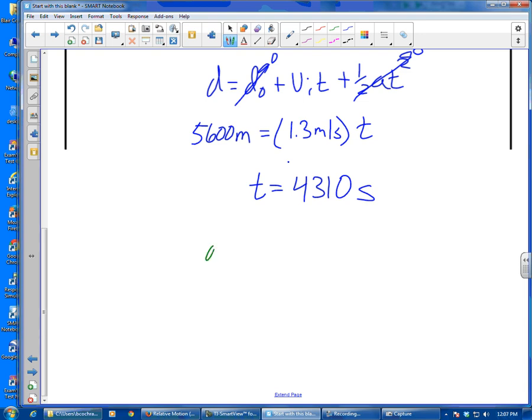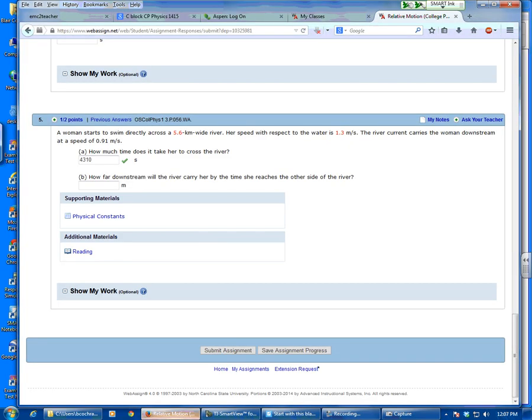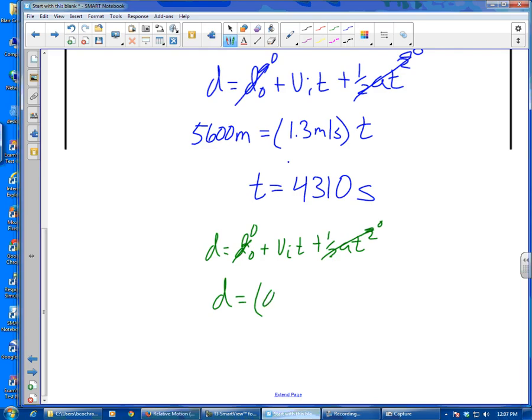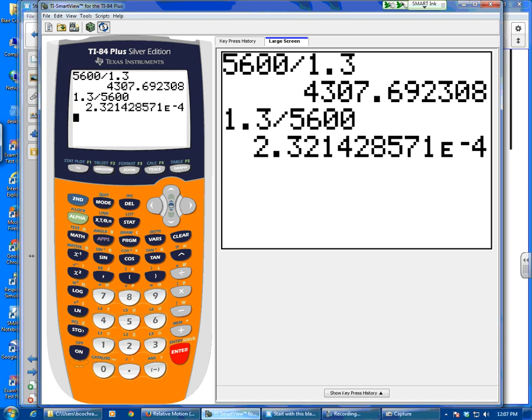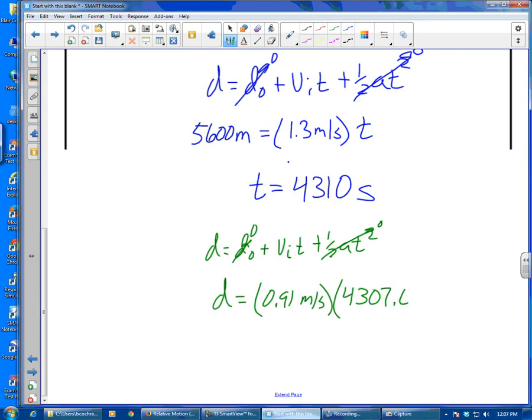So I'm going to start with my favorite equation, especially when I don't have acceleration, and I'm looking for D. I know my V initial, 0.91 meters per second. I know my time now, 4,307.6969 seconds.